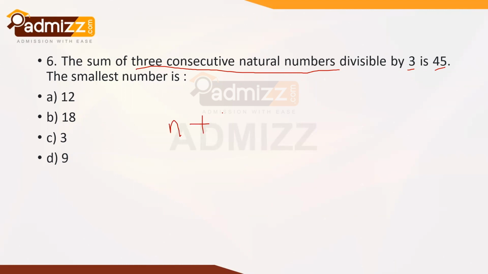So the second consecutive number divisible by 3 is going to be n plus 3, because they lie at a difference of 3 from one another. And the third one is going to be n plus 6, which is at a difference of 3 from the second one. And this entire sum is going to be 45.